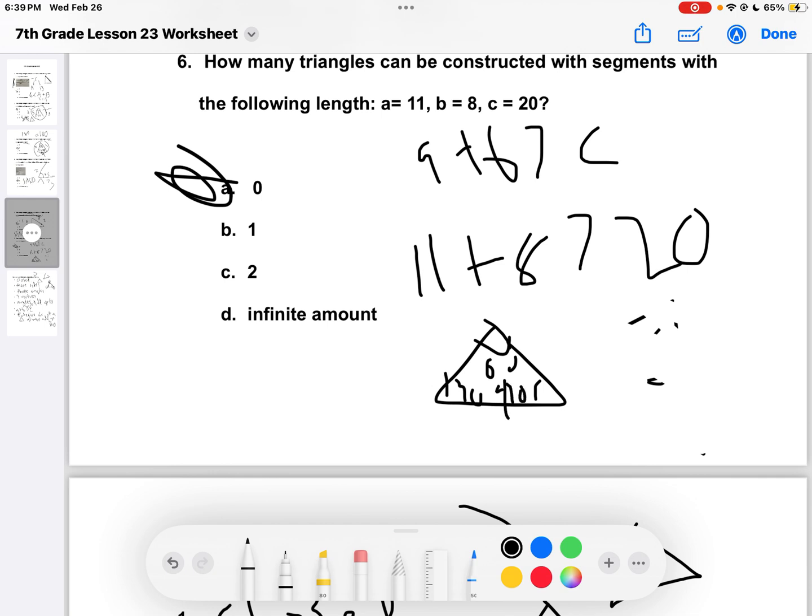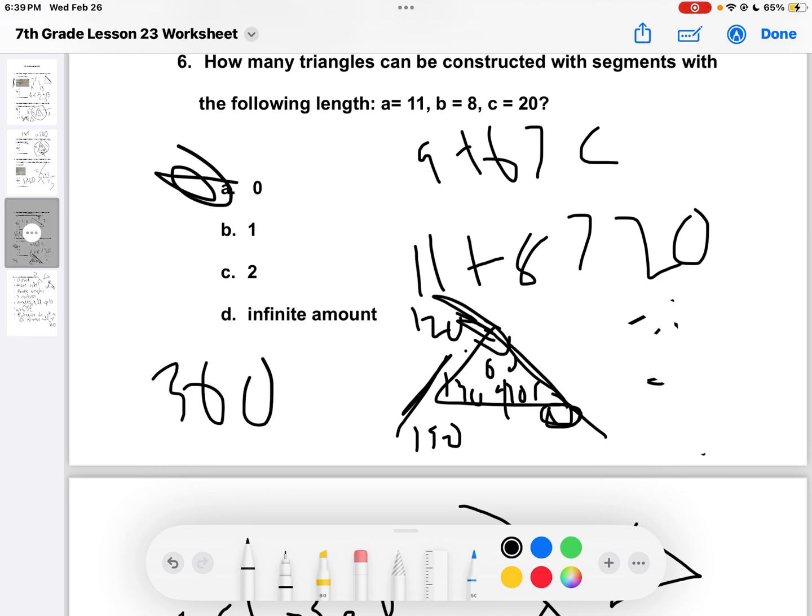We know if this is 90 degrees, then this will be 90 degrees too. If this is 60, since it equals 180, this will be 120. And since this is 30, this will be 150. So if we add 120 plus 150 plus 90, we'll end up with 360.